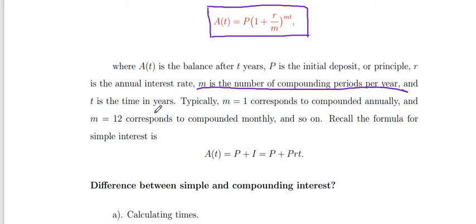So in 1 year, how many times is it compounded, or calculated? If m equals 1, we say compounded annually. If m equals 12, we say compounded monthly. If m equals 365, we say compounded daily. And by the way, there's also simple interest.